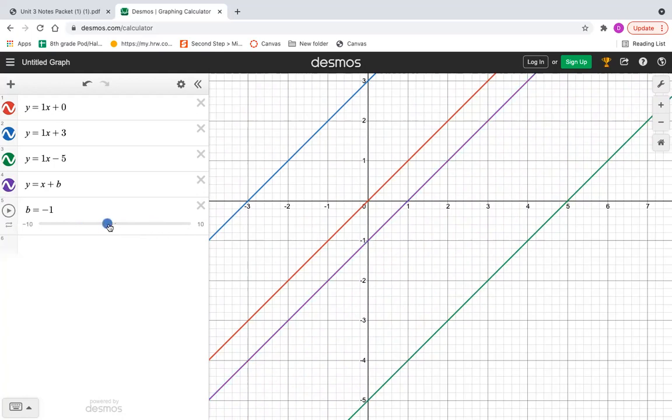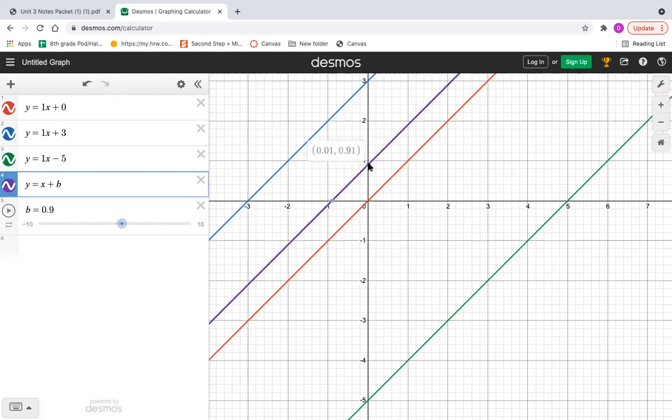But if I bring my b value up, it looks like my line is still the same line, but my y-intercept is changing. So imagine your graph is just going up or down depending on that b value. And that makes a lot of sense because our y-intercept controls our initial value, that start point.